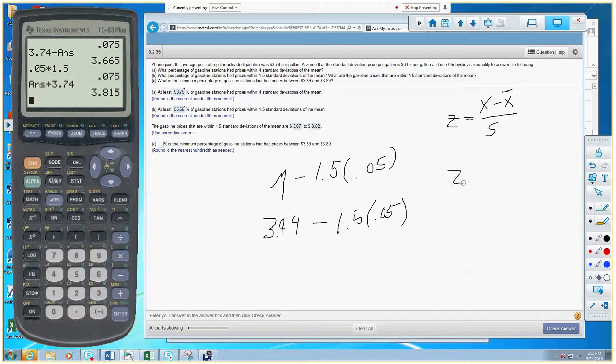So you can do this. Z is equal to 3.59 minus 3.74 over 0.05.